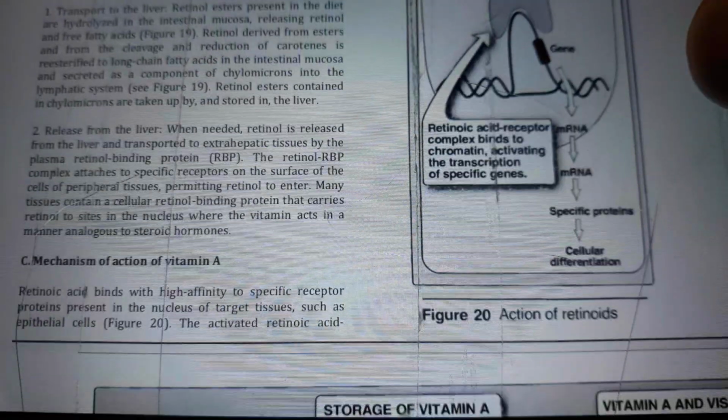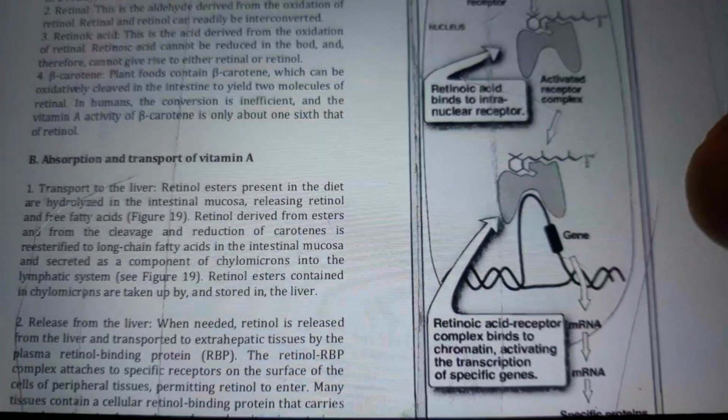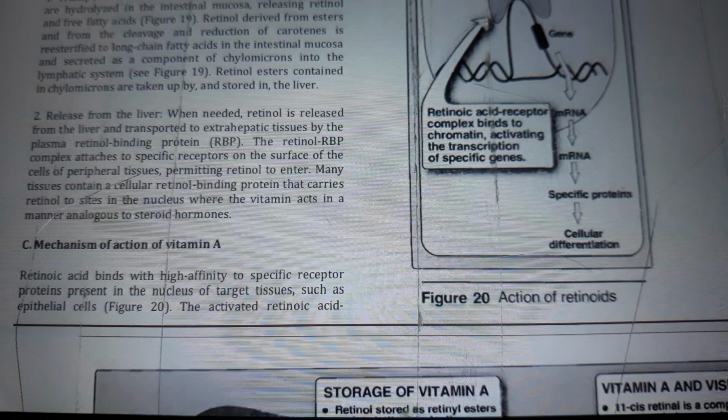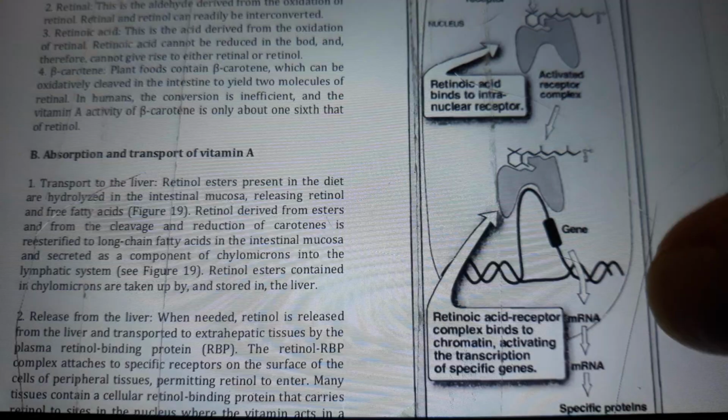Next would be absorption and transport of vitamin A. Transport to the liver. Retinol esters present in the diet are hydrolyzed in the intestinal mucosa.